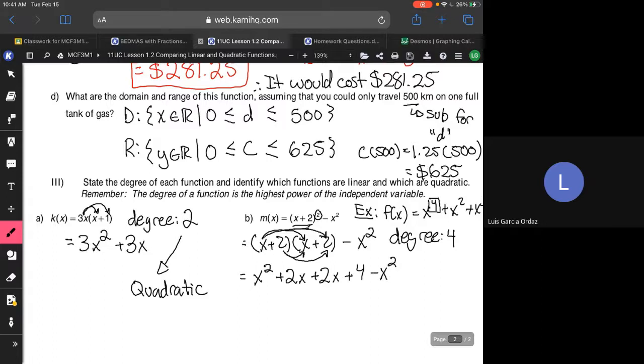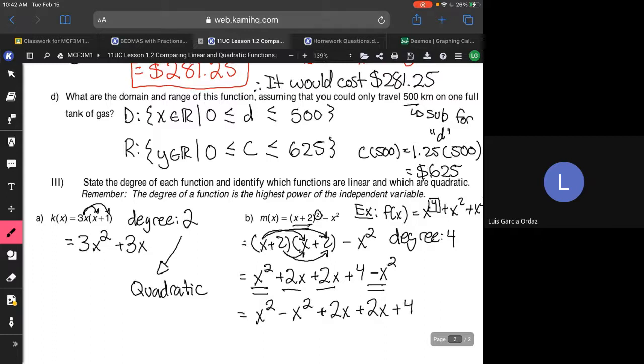So now we're gonna collect like terms and simplify. So what are our like terms here? The two x's. Thank you, Omer. So two x's. Cynthia, what else? The x squared. And then 4 is by itself. So I'm going to get x squared minus x squared plus 2x plus 2x plus 4.